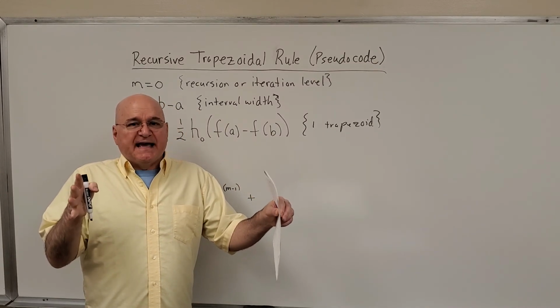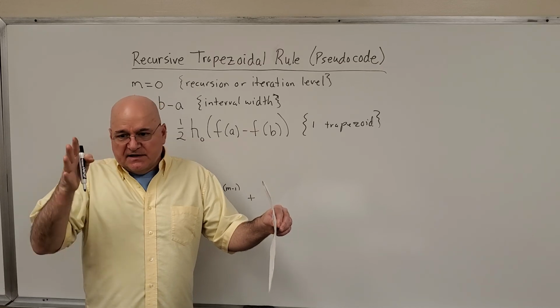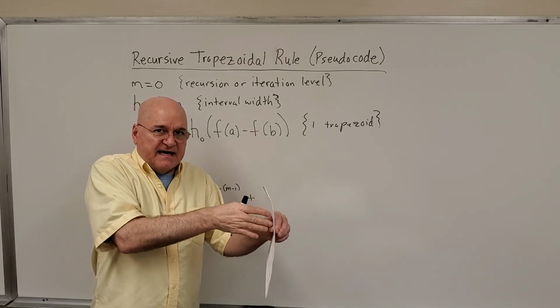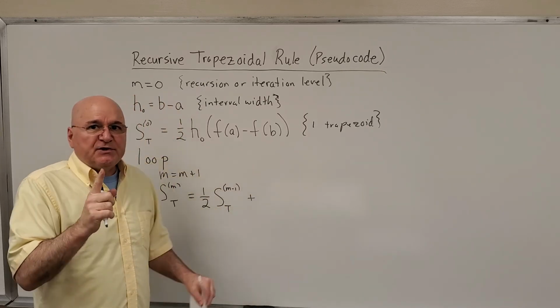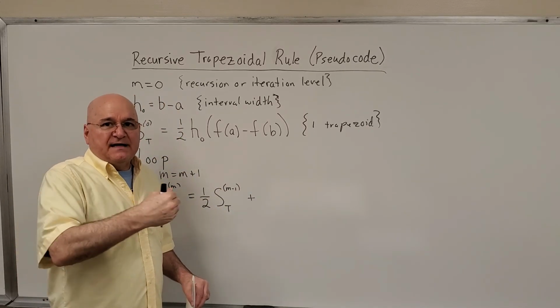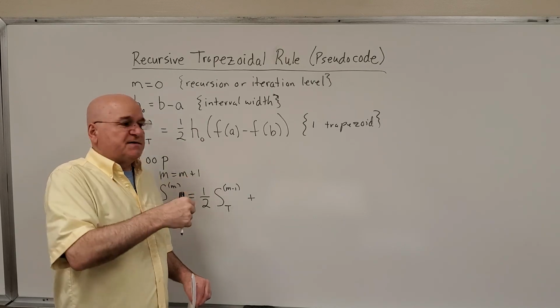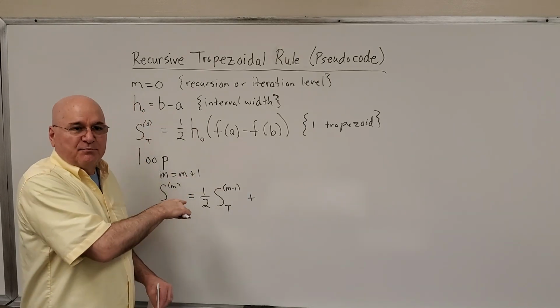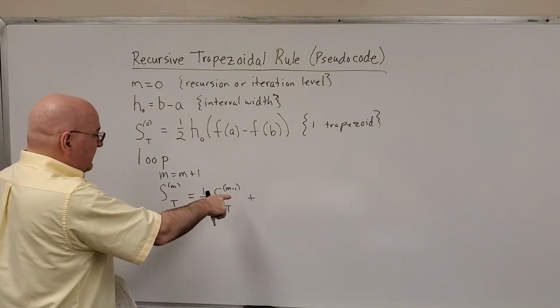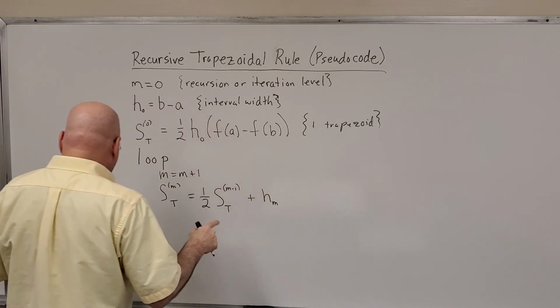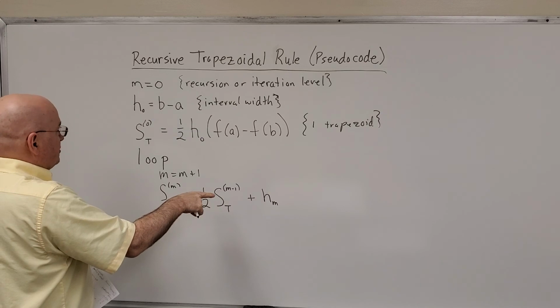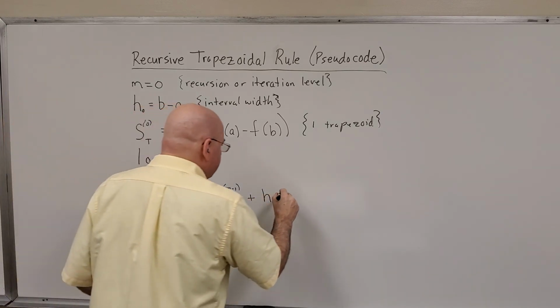When we double to 8 sections, it's going to go x0 all the way up to x8. That's going to give us 8 intervals. The only new ones being added are the odd indexed ones. The even ones were from the previous iteration here. So here I'm just going to multiply times the current value of h.